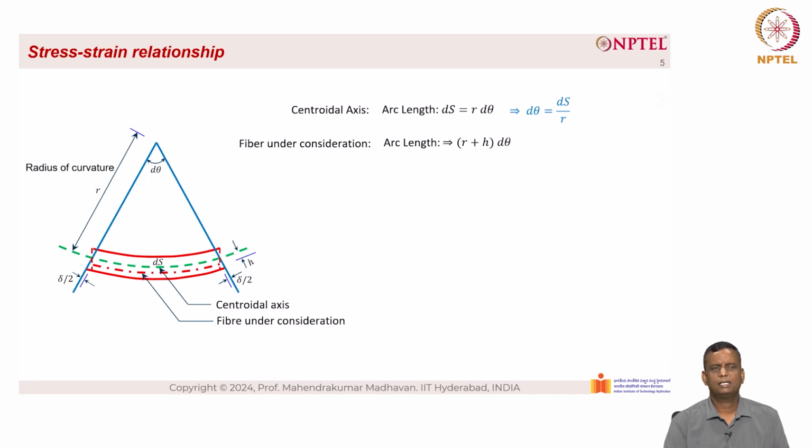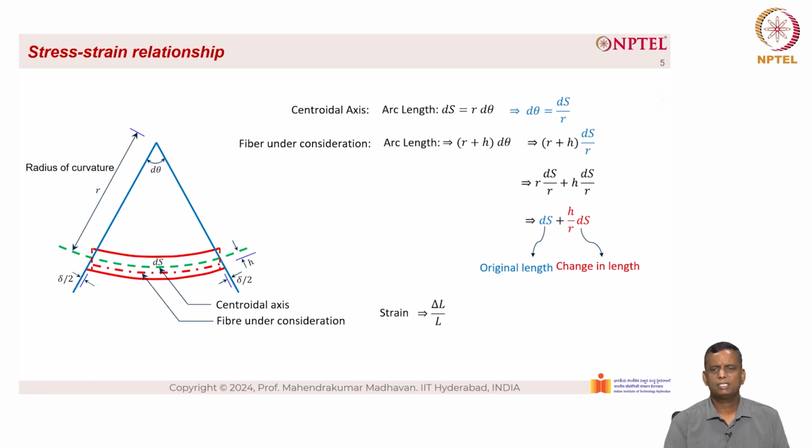So the arc length is r plus h into d theta, equal to r plus h into ds by r, because d theta is given as ds by r in the previous equation. When we multiply that, we have r into ds by r plus h into ds by r. When we simplify that further, we have ds plus h by r into ds. So this ds is the original length and h by r into ds is the change in the length.